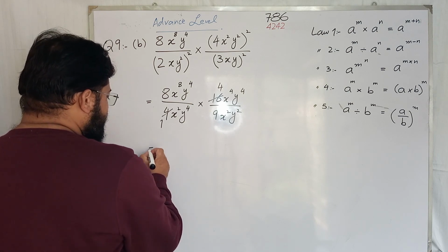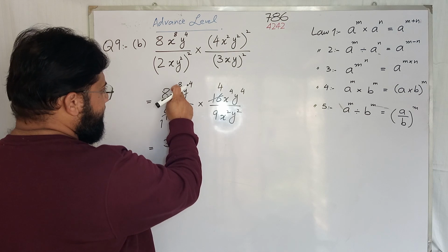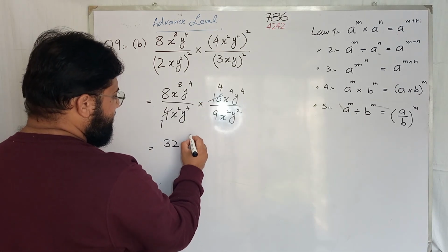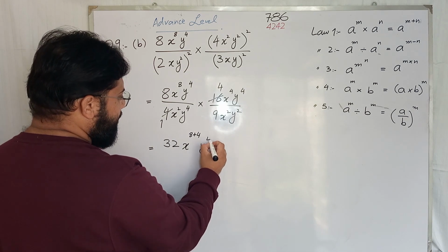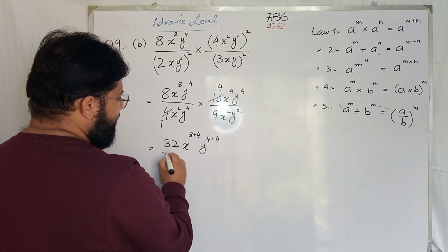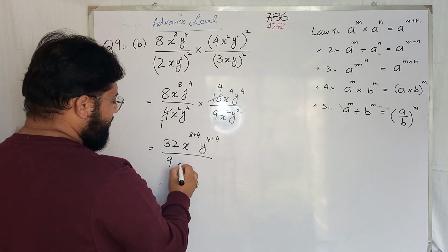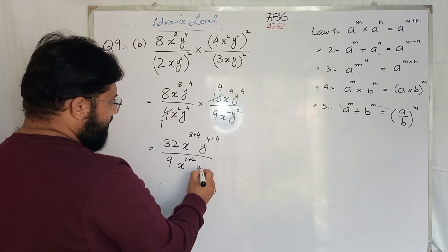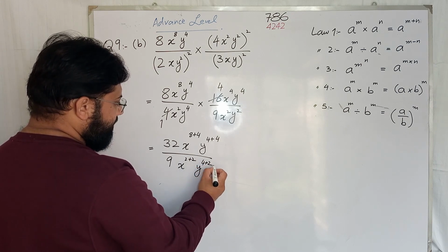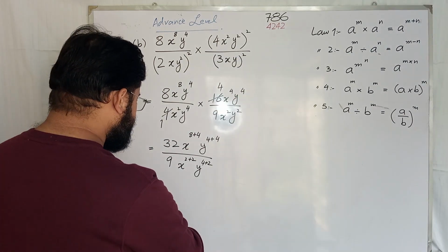So let's multiply the numerator first. 8 into 4, 32. x⁸ into x⁴, it will be x⁸⁺⁴. y⁴ into y⁴, y⁴⁺⁴. Divided by 1 into 9, 9. x² into x², 2 plus 2, they will be added. y⁴ plus 2. Right? I am applying all these laws where applicable.